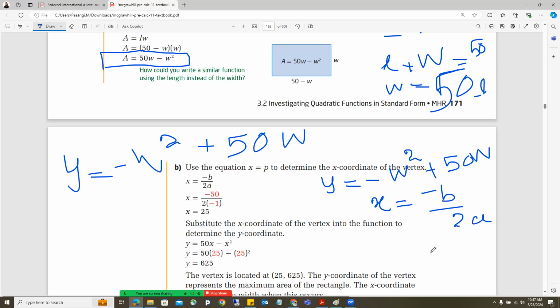Minus b means minus 50, divided by 2a, which is minus 2 times 1, so minus 2. The answer would be 25. Then you can determine the respective y coordinate after substituting 25 into the given equation.